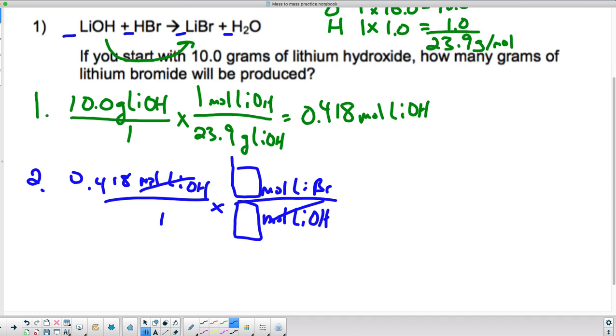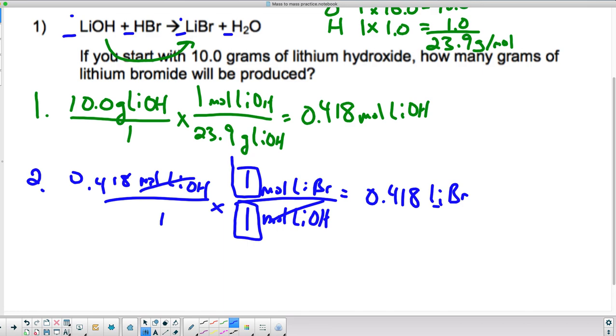And up here, we have a 1 for lithium bromide, and we have a 1 for lithium hydroxide. So those go down there. Those are just the coefficients. Okay? So that means that whatever I got here is going to be 0.418, but this time it's going to be lithium bromide instead of lithium hydroxide.